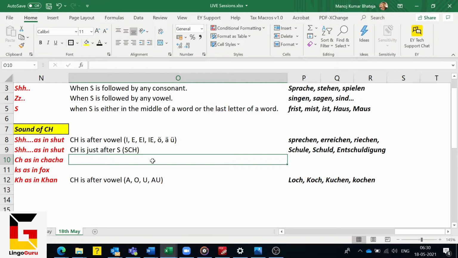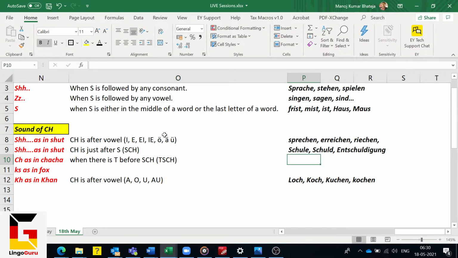Schule and Schuldigen. Now, when there is t before sch, that means the combination of tsch, we always pronounce this combination as ch.